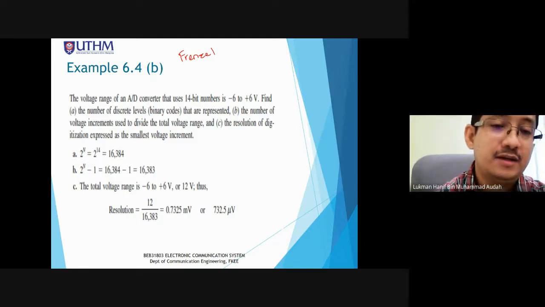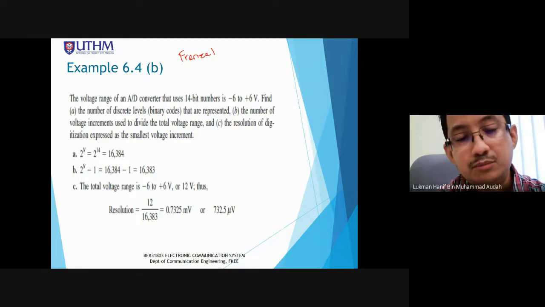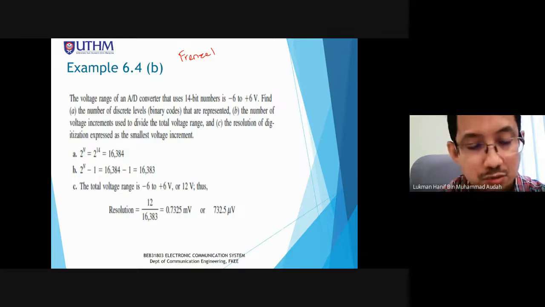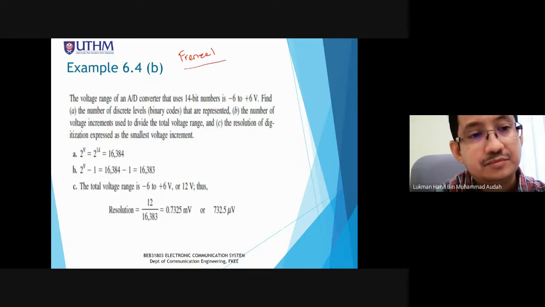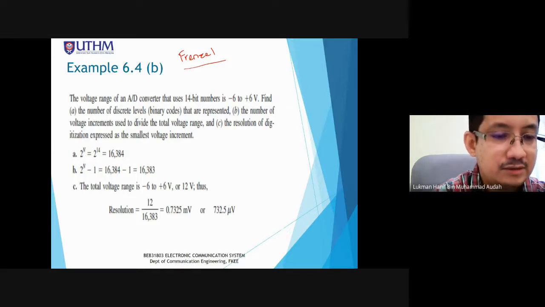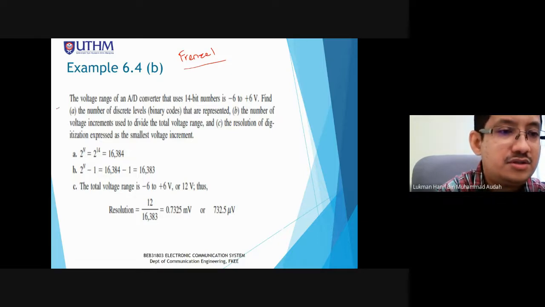Kamu boleh lihat dalam folder tersebut yang saya share dalam author, ada buku daripada Wayne Tomasi, ada juga buku daripada Frenzel. Okay, books by Frenzel. And this is an example about sampling process, and also the quantization process, sampling and quantization. Okay, so this is about ADC.